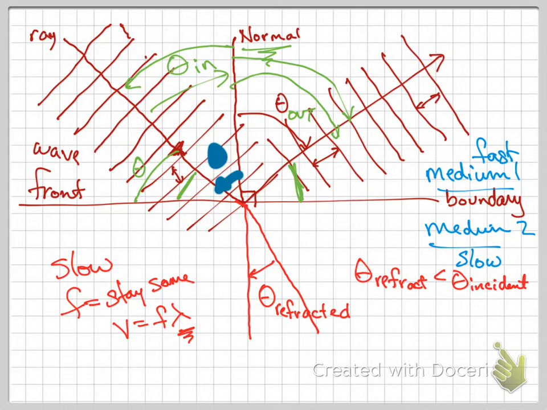If this is unchanged, and this slows down, this has to go with whatever happens to the velocity or the speed. So in this case, it would decrease. So if I were to redraw that, it might look something like that, where you have these condensed waves because they're slowing down. Okay?